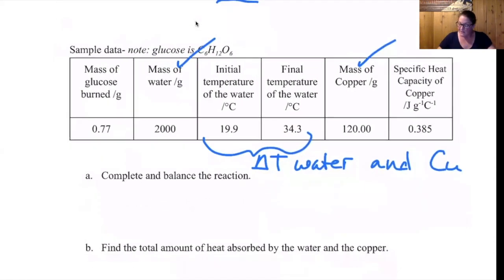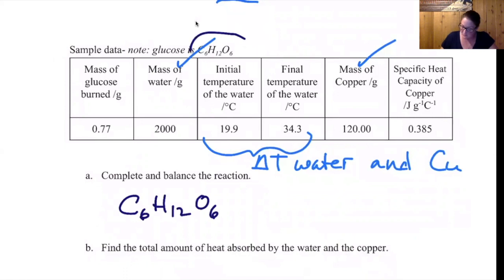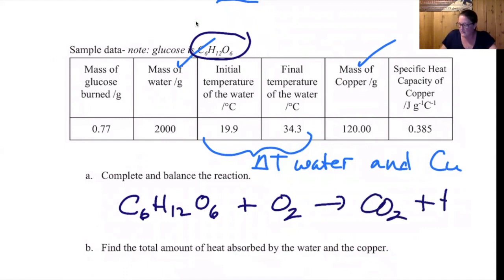Okay. First thing I'm asked to do is to complete and balance the reaction. So glucose is being burned, C6H12O6, and that's told to you here. I don't expect you to know that off the top of your head. Complete combustion is plus O2, forming CO2 and H2O. I have 6 carbons on the left, so I'll need a 6 there. I have 12 hydrogens on the left. A 6 there will give me 12 hydrogens.